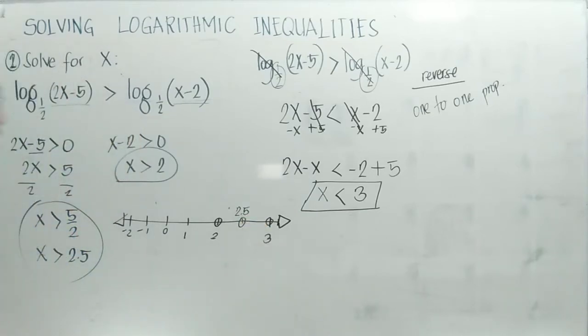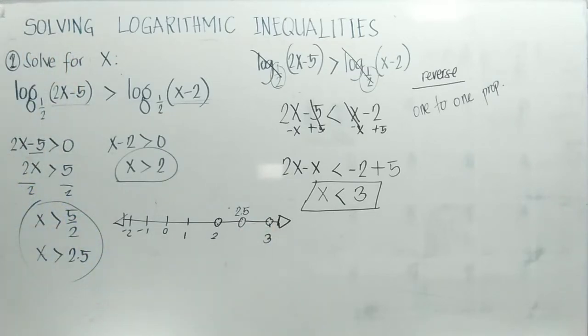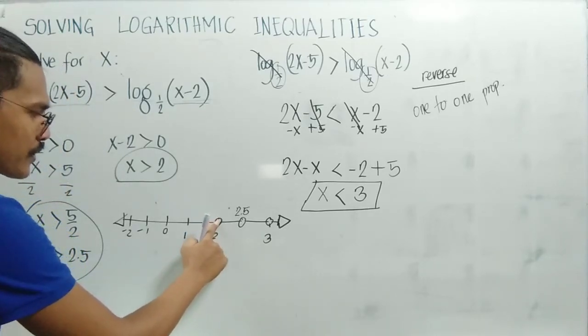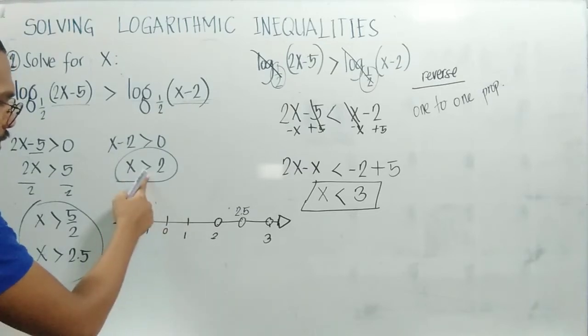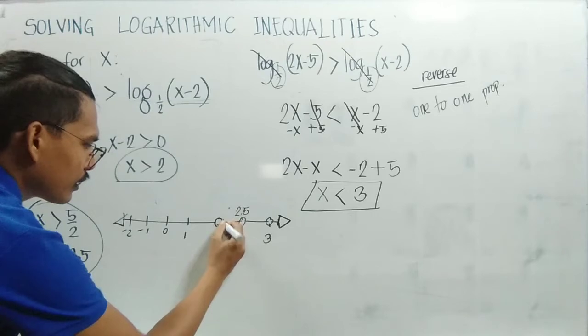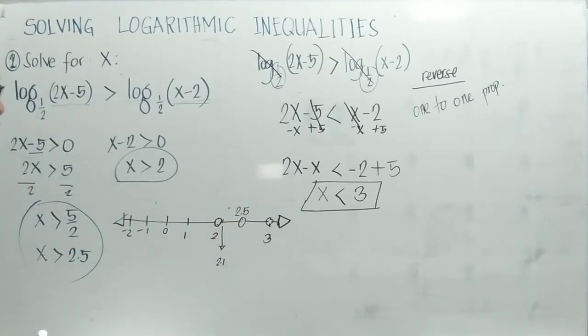So we will be identifying the values that belong to your solution sets. For example, the values that are greater than x, greater than 2, assuming we have 2.1, okay, 2.1.